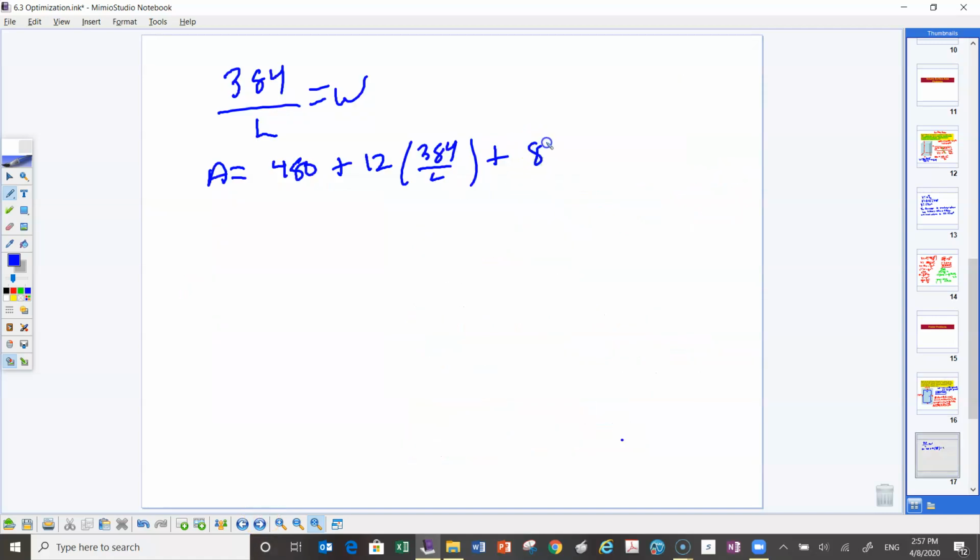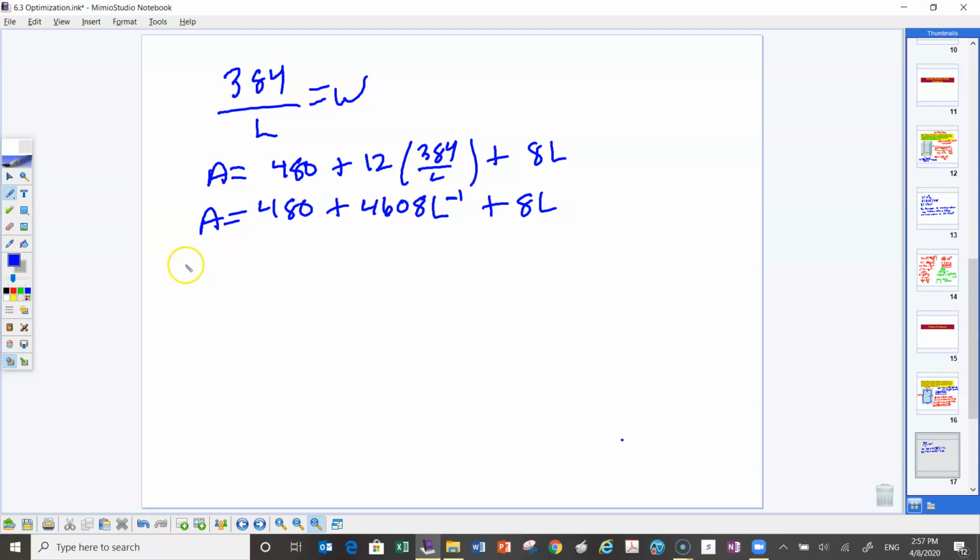So now I have this in terms of one variable. You also could have isolated L, and it doesn't really matter. You can do it either way. So 480, and 12 times 384 is 4,608, and I'll move the L up to the top, so that becomes L to the minus 1, and 8L.